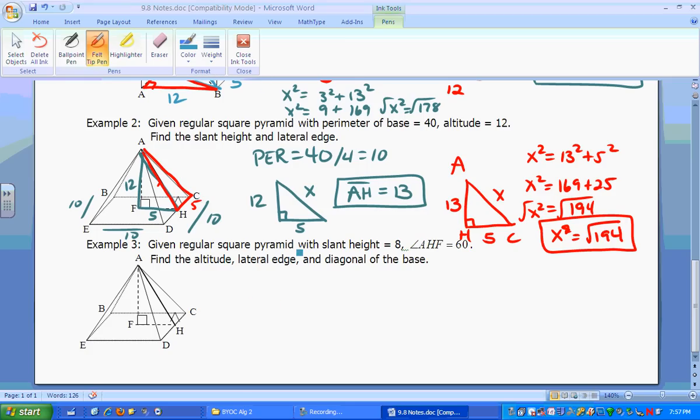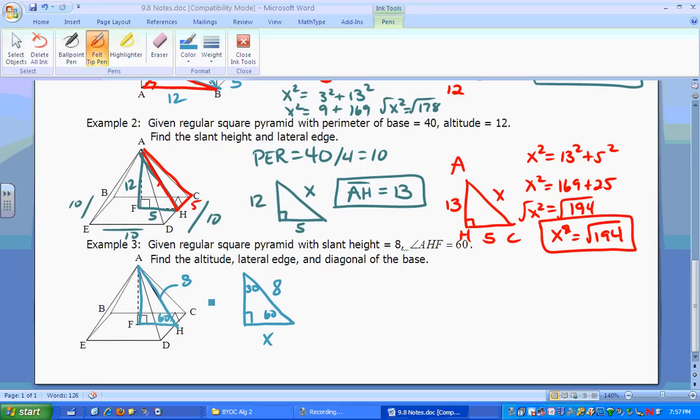So, finishing it up, given the regular square pyramid, we have a slant height of 8, so we know that AH is 8. And then we have angle AHF, so this angle right here is 60. Well, why do you think I gave you that this time? Because now you're looking at it, that this triangle is, that's right, a 30, 60, 90.